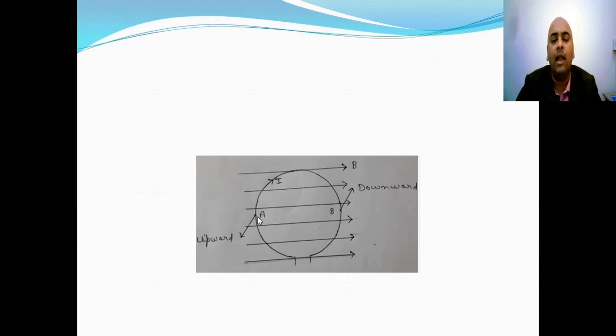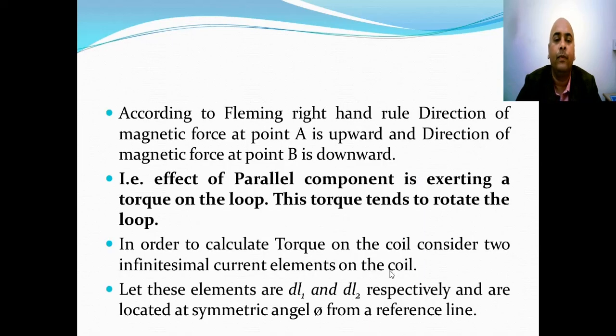As there are two forces acting opposite to each other at 2 points, there will be a net torque on the loop, and this torque will try to rotate the loop.